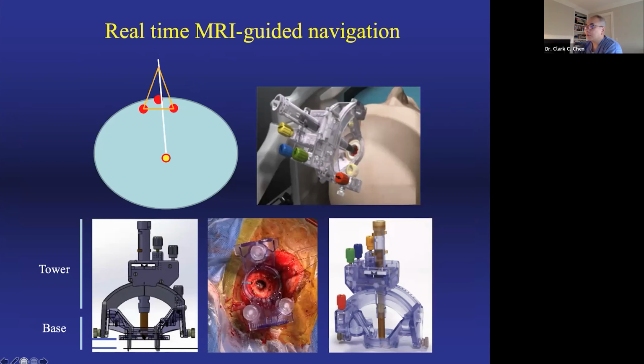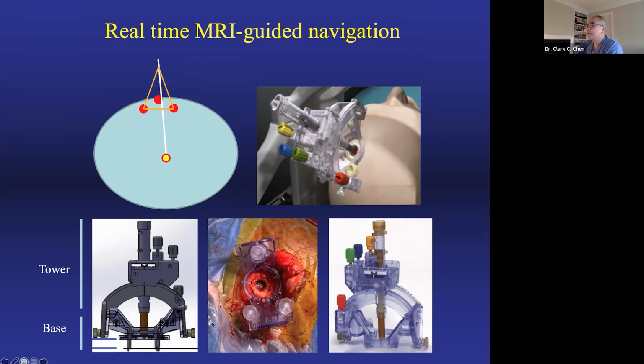There is a base component, which has three fiducials that are filled with MRI visible contrast. And the principle of the system is that you can localize these three fiducials relative to the lesion, just like you could localize the lesion relative to known positions of posts or the superficial skin anatomy.